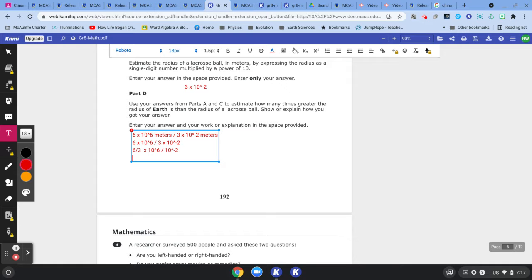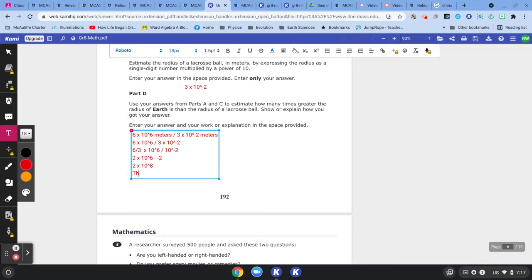And 6 over 3 is just 2, and 10 to the 6 over 10 to the negative 2 means we are dividing, and just like we did before, we are going to subtract those exponents, since it's the same base. So we get 2 times 10 to the 6 minus negative 2, and 6 minus a negative is like 6 plus a positive, so that's 6 plus 2, so that's 10 to the 8th.